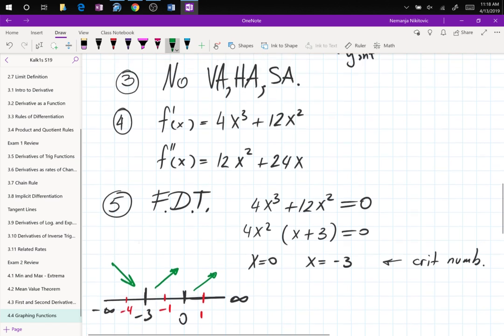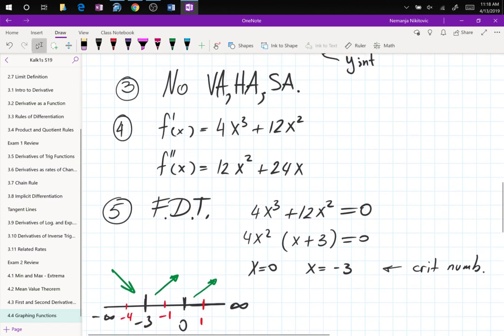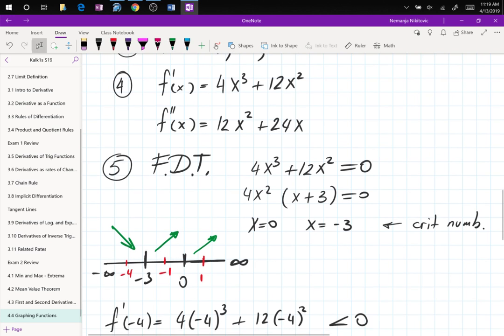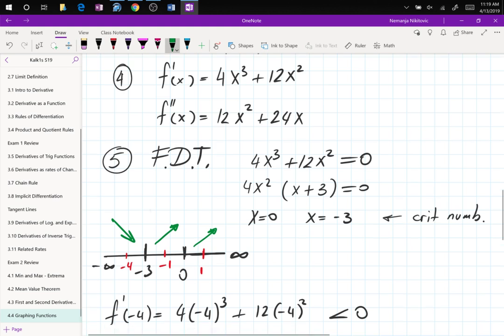The derivative of x to the 4th is 4x cubed plus 12x squared. The derivative is 12x squared plus 24x. Factor out x squared, you get the 4x squared, and you get x plus 3. You get a -3. You get x, 0. Nice.